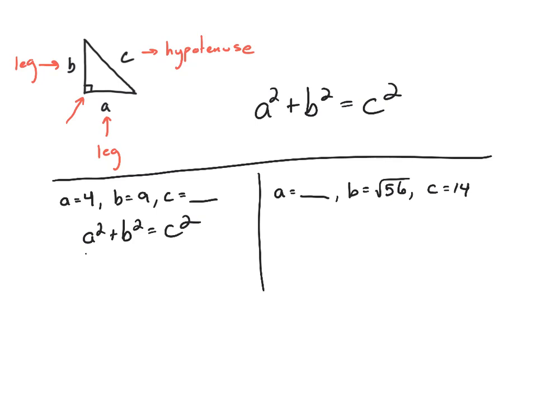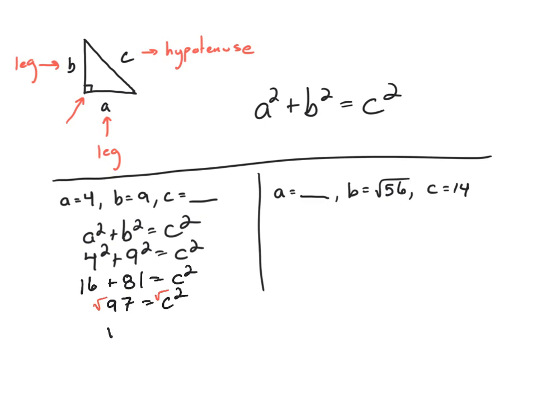A is equal to 4, so I have 4 squared. B is equal to 9, so I have 9 squared is equal to C squared. As I begin simplifying, I get 16 plus 81 is equal to C squared, or 97 is equal to C squared. Then to get rid of the squared, I'm going to use a square root.